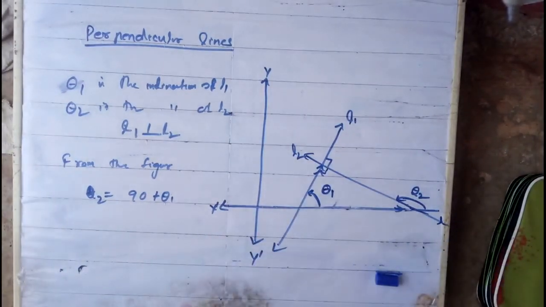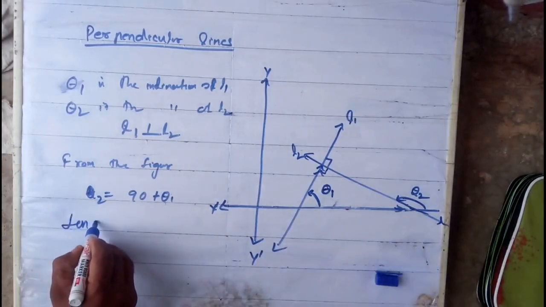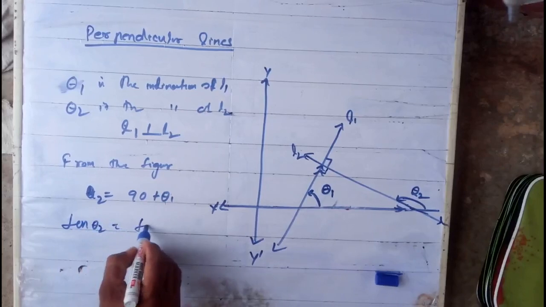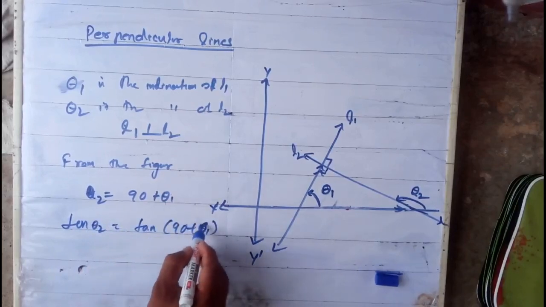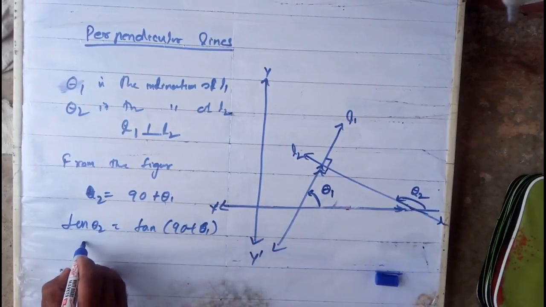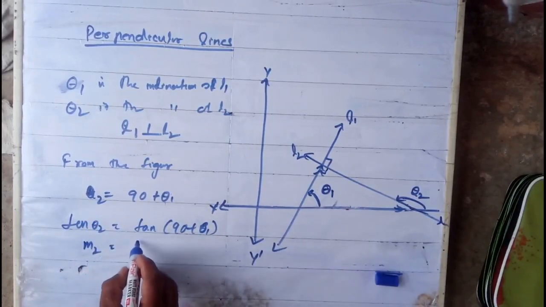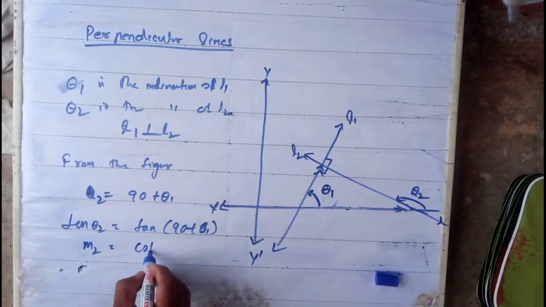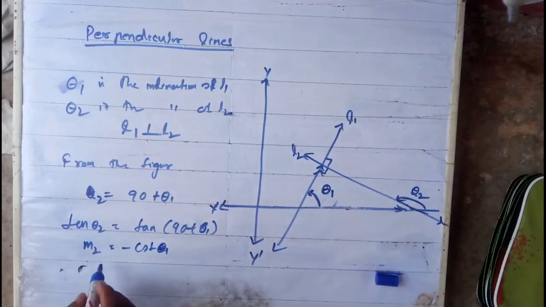Now tan theta 2 is equal to tan of 90 plus theta 1. Tan theta 2 is equal to M2. This one will become minus cot theta 1. Tan of 90 plus theta is equal to minus cot theta.